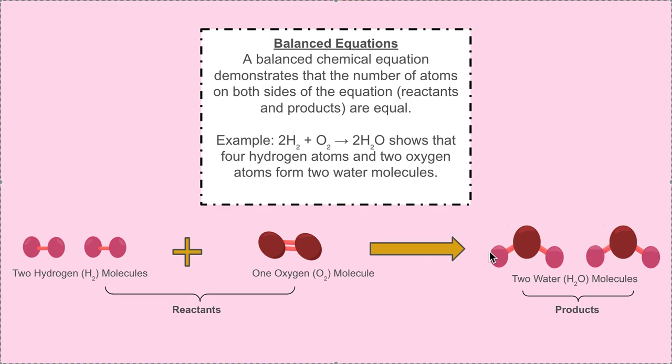And then over here on the product side, you can see that there are still 1, 2, 3, 4 hydrogen atoms. On the reactant side as well, I have 1, 2 oxygen atoms. And on the product side, I have 1, 2 oxygen atoms. So the number and types of atoms and their mass stay conserved. Law of conservation of mass or matter.